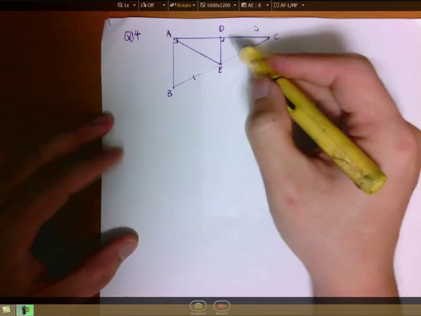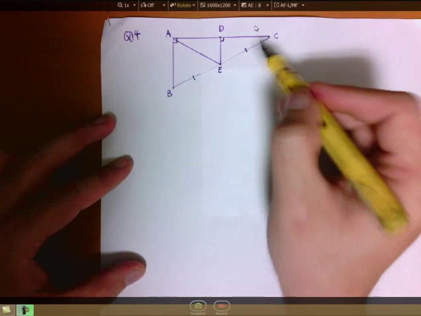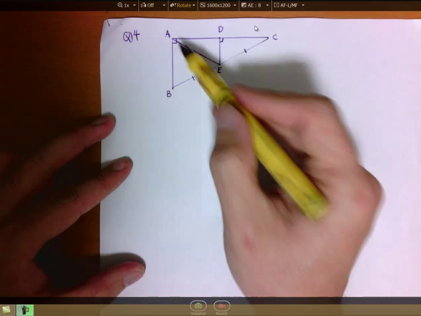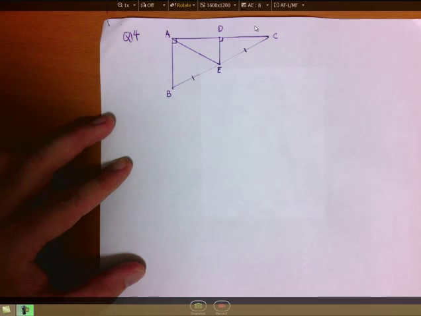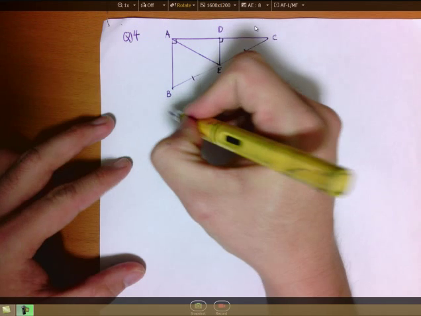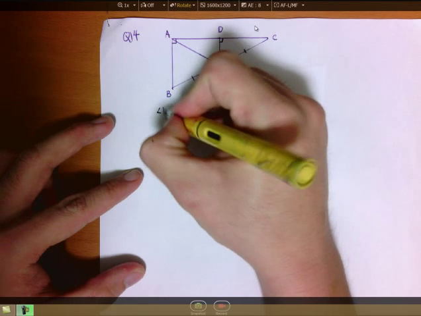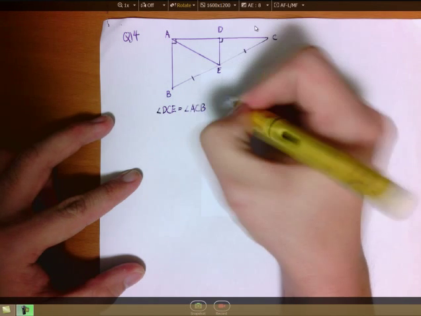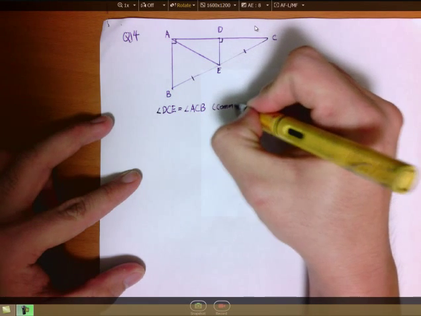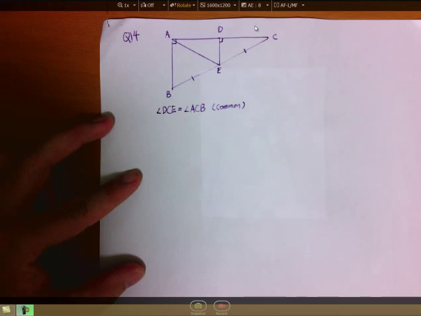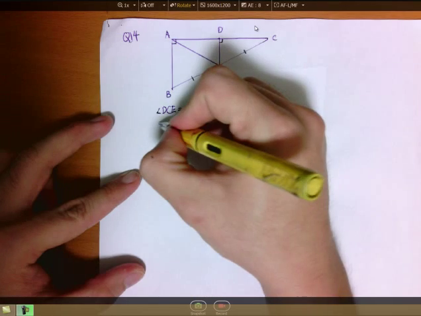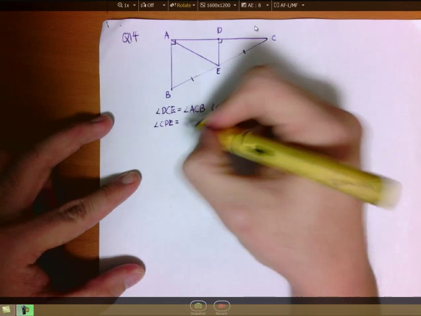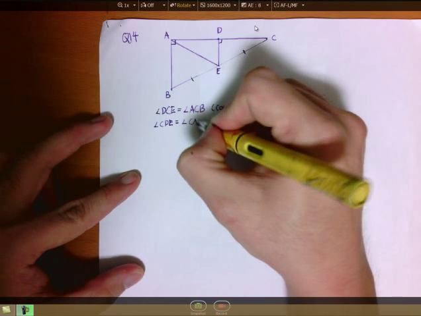In order to prove that D is a midpoint, I will prove that triangle DEC is similar to triangle ABC. How I do that is first I say that angle DCE is equal to angle ACB. They share the same angle. This is a common angle. Then I also know that angle CDE is equal to angle CAB.